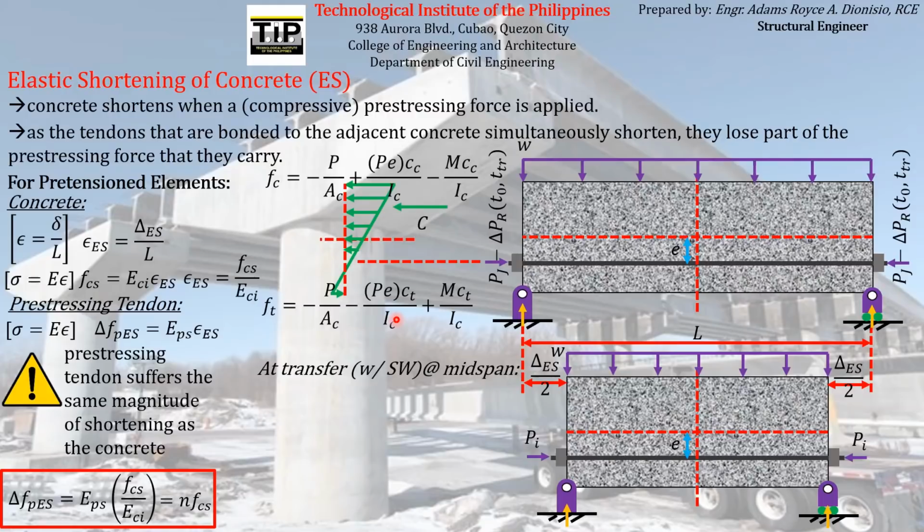We just have to change the magnitude of C, because as we all know, C stands for the distance from the centroid or the neutral axis to the fiber that we are considering to find the flexural stress.